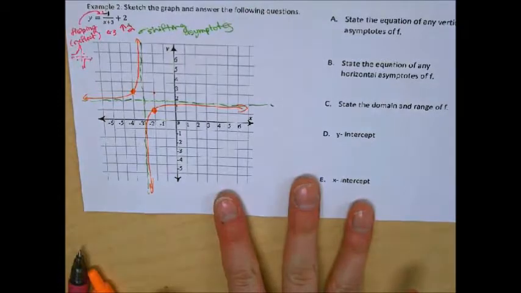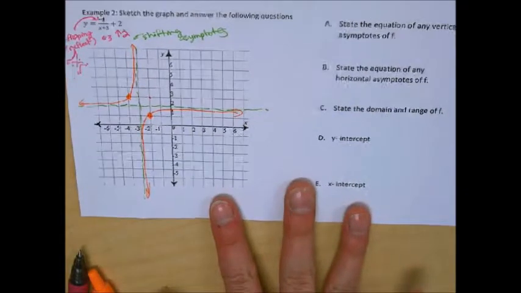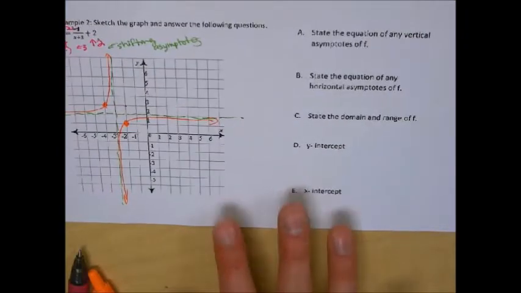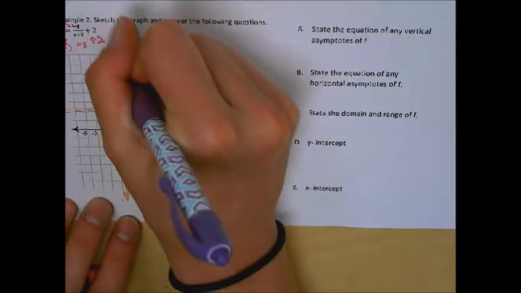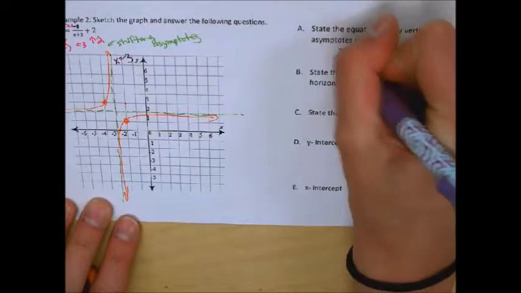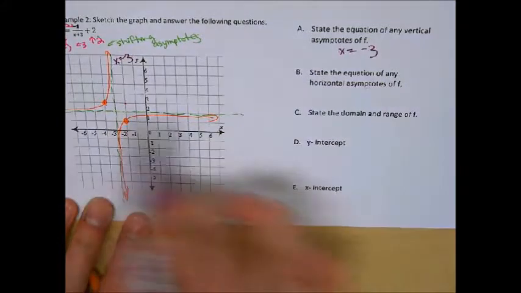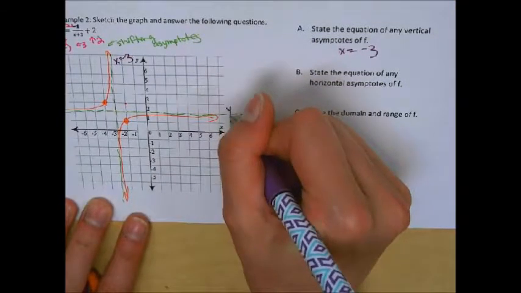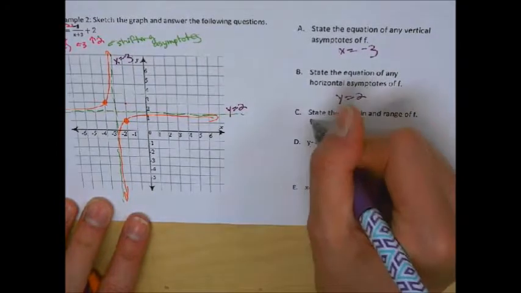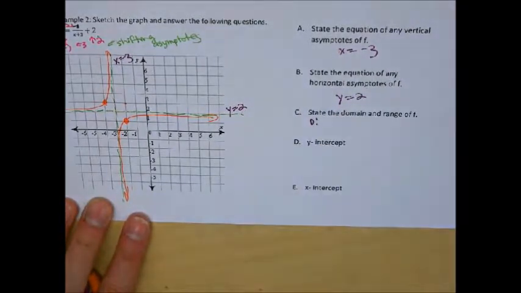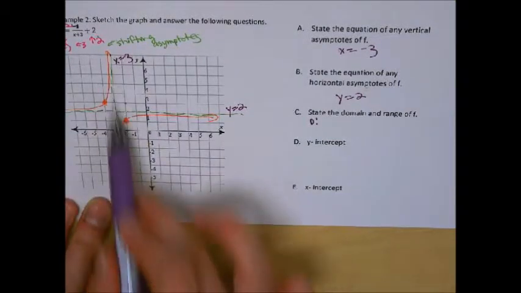All right. State the equations of any vertical asymptote. Well, our vertical asymptote is right here at x equals -3. This is x equals -3. Horizontal asymptote is right here. Y equals 2. This is y equals 2. Our domain, we're going from negative infinity, and then we stop here at -3.